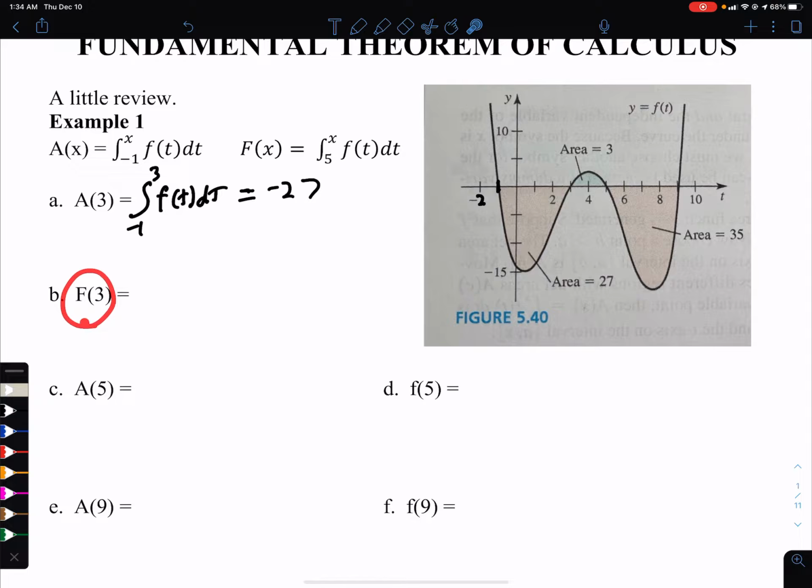And then for F of 3, we're going to take the integral, but we're starting at 5 and going to 3 of our function here. So we're starting at 5 and going backwards to 3. Well, normally the area would be 3 and it's on top, it'd be positive. But we learned if we go backwards, it's opposite. So that's going to be -3.